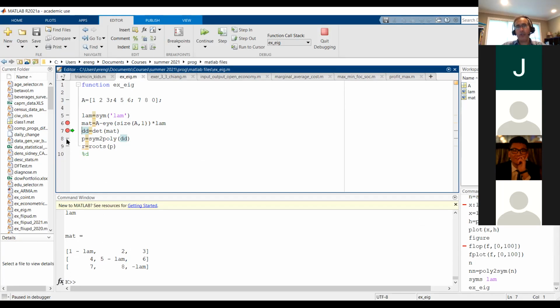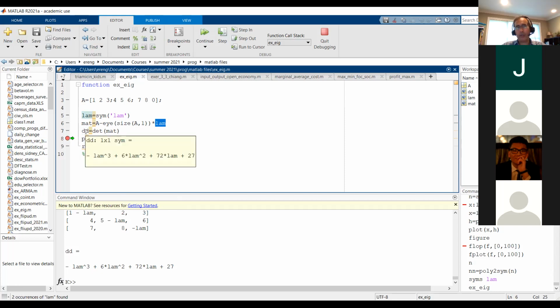Got it? Then I told you what we need to do is compute the determinant of this. And you see the power of symbolic, guys, do you agree? Because if you don't have symbolics, you cannot do this. Now you have a symbolic, you find the determinant, and you can see it's a cubic function.